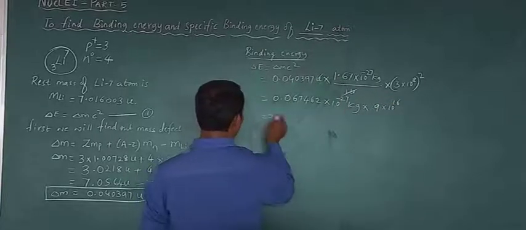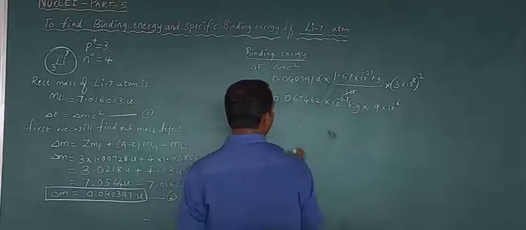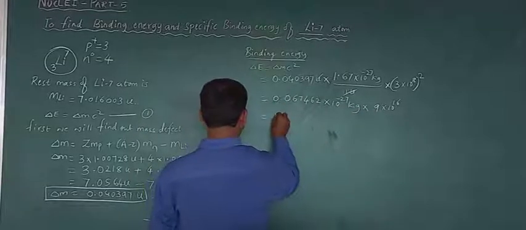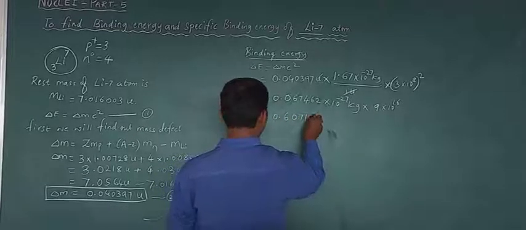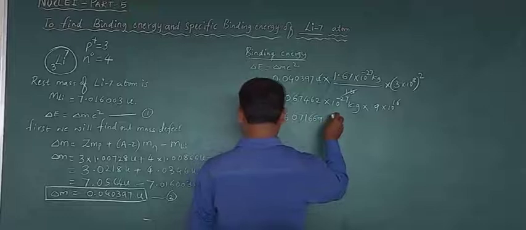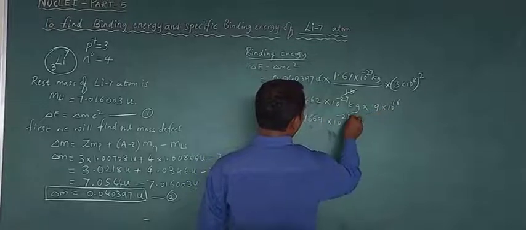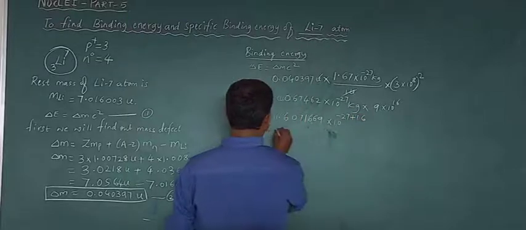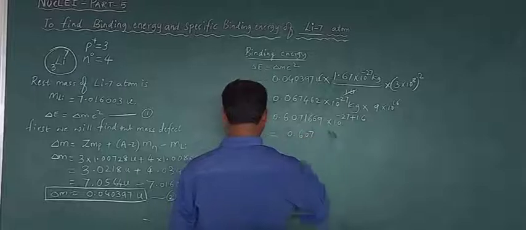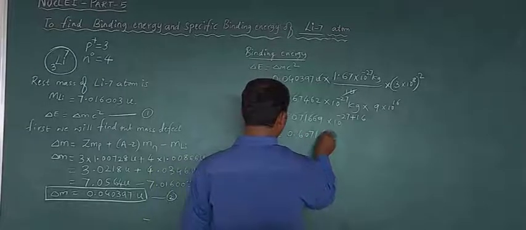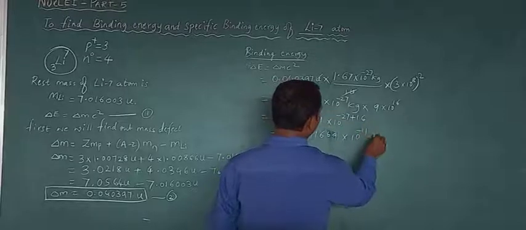Multiplying 0.067462 by 9 gives 0.607169 times 10 to the power of minus 27 plus 16, which is about 0.607169 times 10 to the power of minus 11 joules.